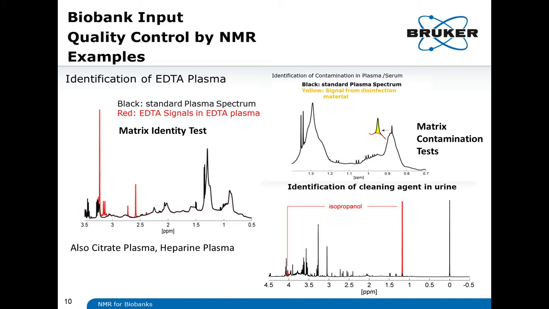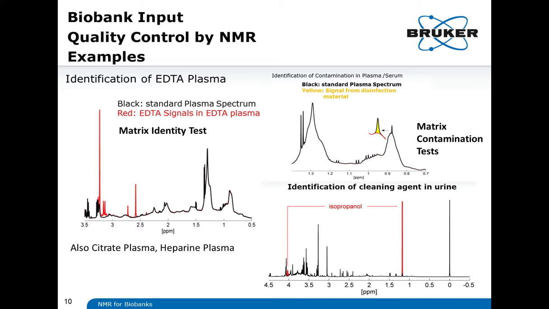Next example here, this is now looking into contamination. For example, on the right side, you see a spectrum in the upper part for plasma serum. And you can see this yellow indicated peak, which sits on the lipoprotein signals for the CH3, which would of course disturb analysis that would be done.